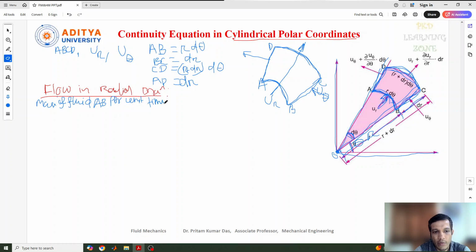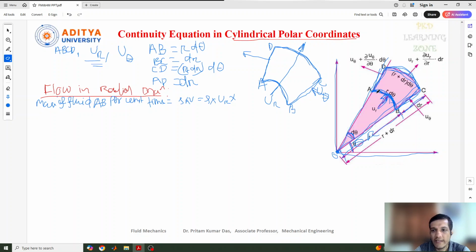So we know this formula, the mass flow rate, which is mass of fluid per unit time: rho A V. What is the density of the fluid entering here, what is the area, and what is the velocity of the fluid. So we can write rho into the velocity. Velocity in this radial direction is UR, and the area of this surface is the length of this into the thickness.